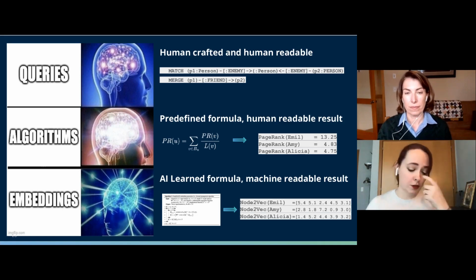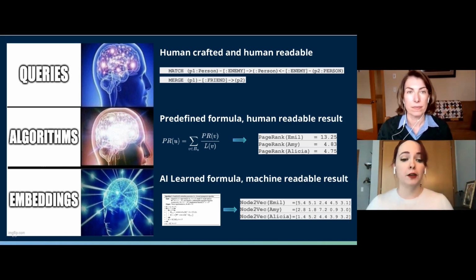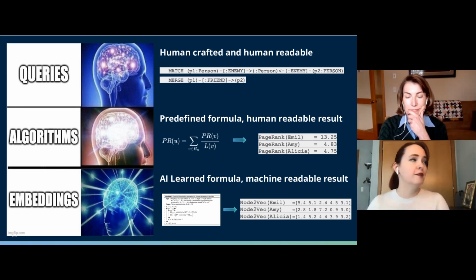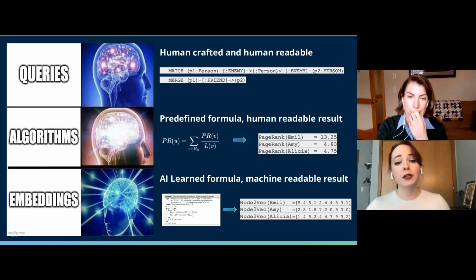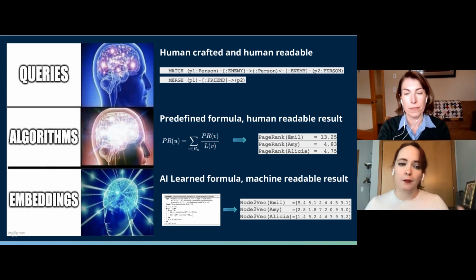But what you're doing is you're going in and you're saying, find me this pattern and return to me the data that matches it. So in my example, I have, match a person who has an enemy and then an enemy of that second person, and then make the first and third person friends, because the enemy of my enemy is my friend. I wrote that query. I know exactly what it means, and I know what the results mean. So it's pretty bespoke pattern matching.